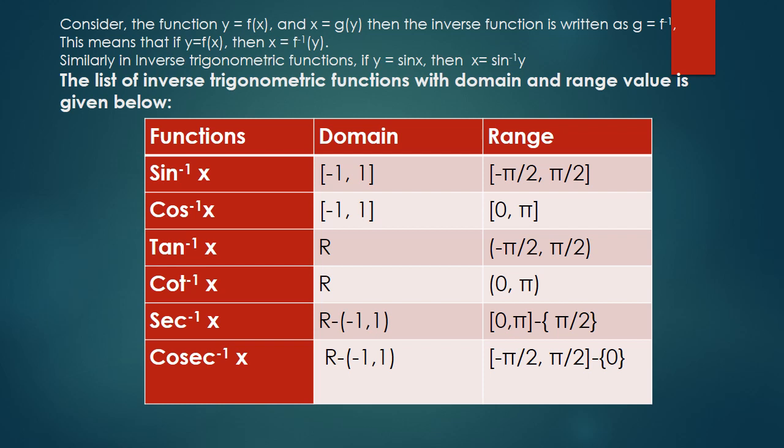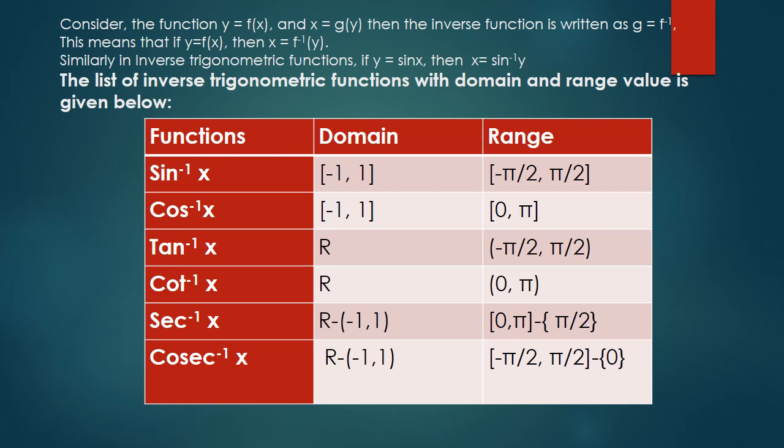Cot inverse x domain is real numbers, so its range is 0 to pi in open interval. Open interval means boundary points are not included, and closed interval means boundary points are also included.